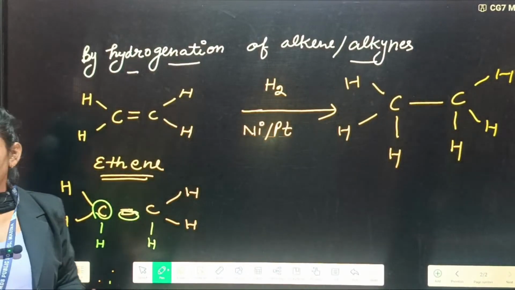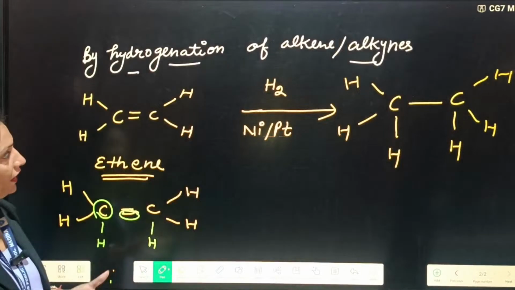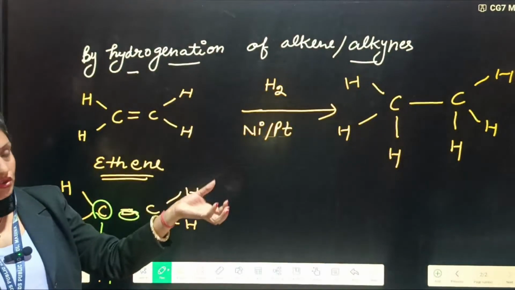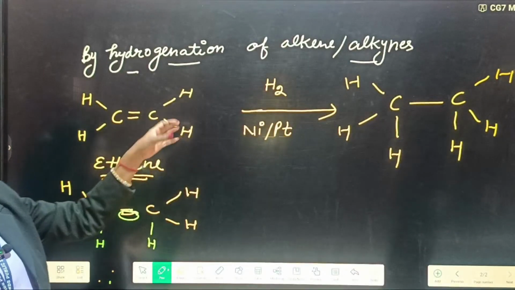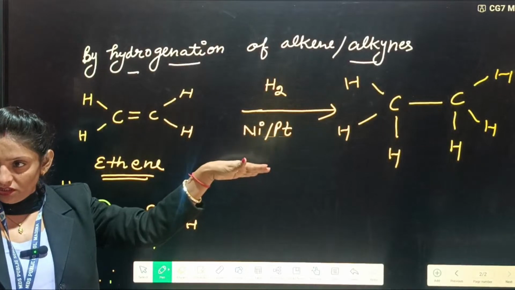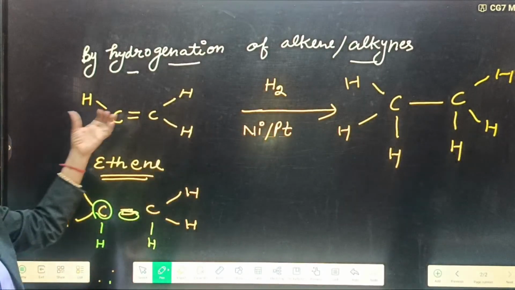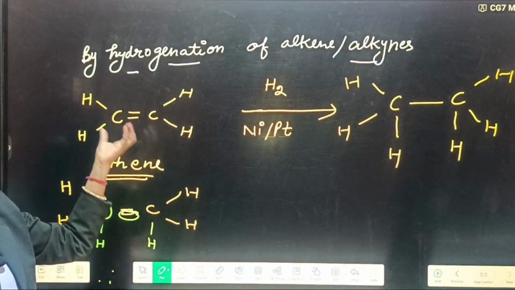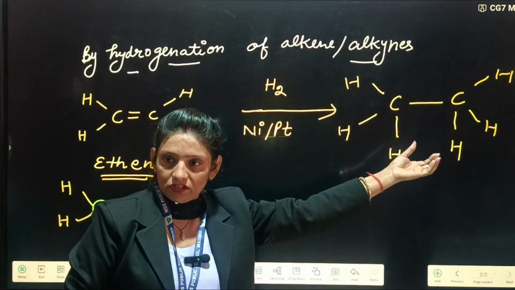So if you have any alkene, you break the bond between the carbons and give one hydrogen to this one and one hydrogen to this one. So by hydrogenation we can convert an unsaturated hydrocarbon into alkanes, or saturated hydrocarbons.